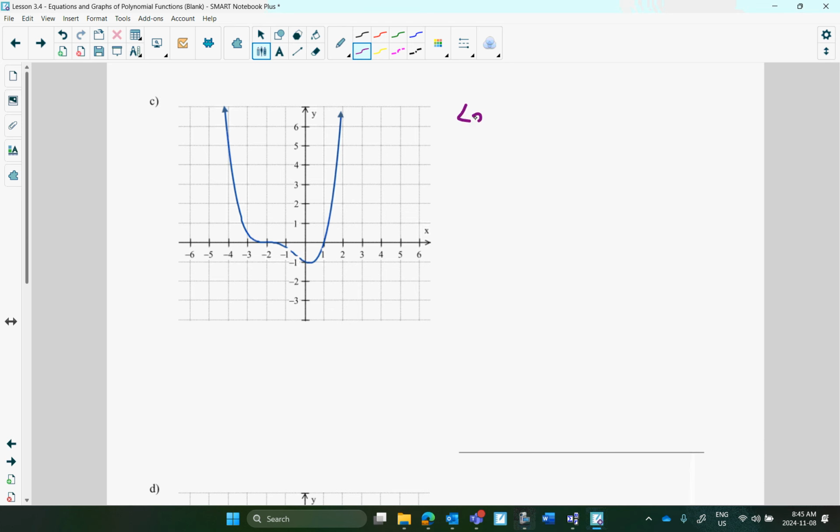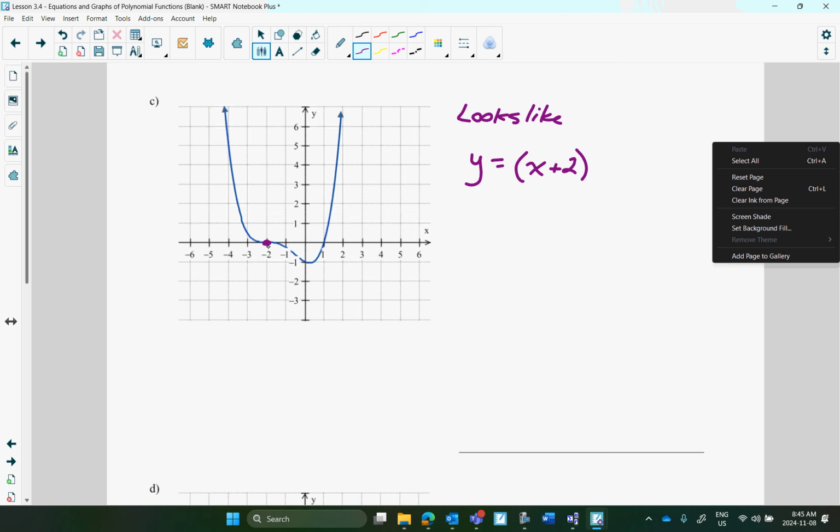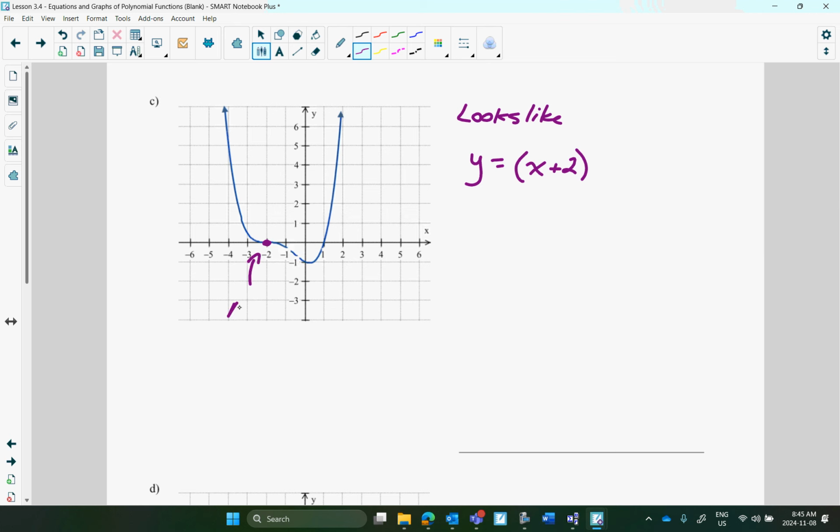So it looks like y equals x plus 2. But because it goes through and flattens out, that's multiplicity. So that means it's a cube. This goes straight through, so it's just x minus 1.